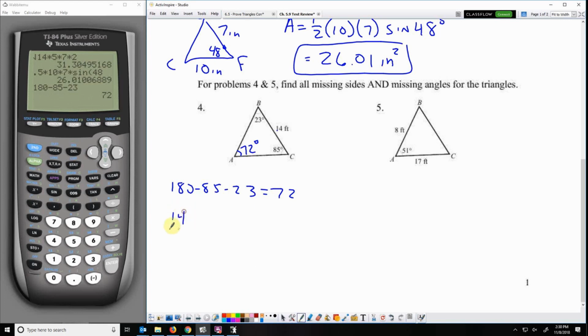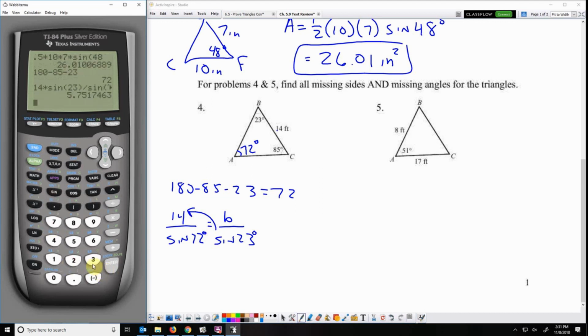So we get 14 over sine 72, and we'll do side B over sine 23. So I need to multiply this sine 23 across. So I get 14 times sine 23 divided by sine 72, which is 5.75.